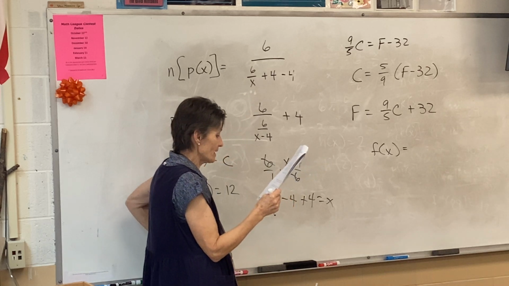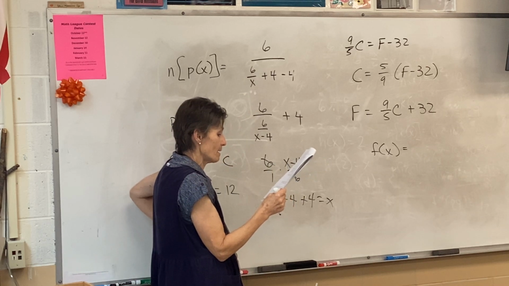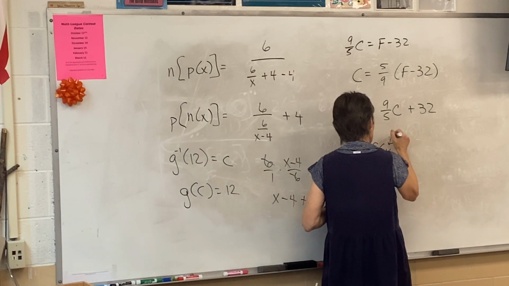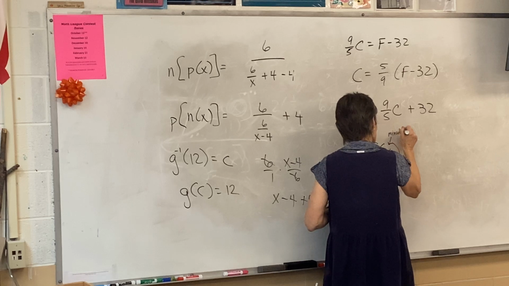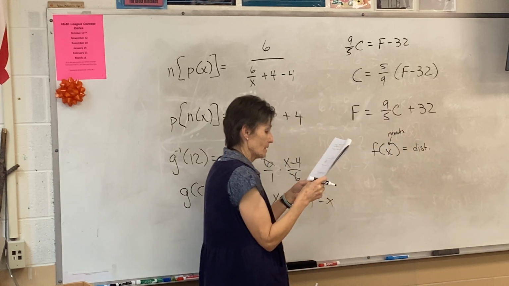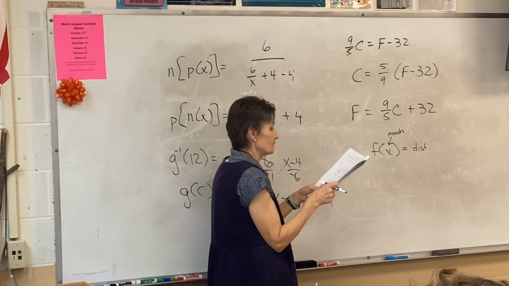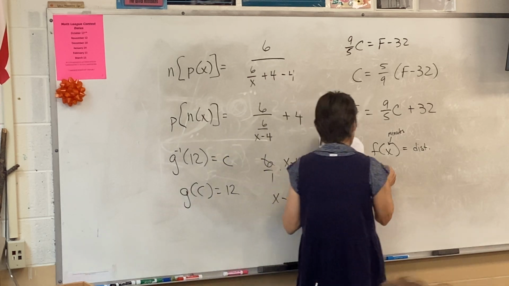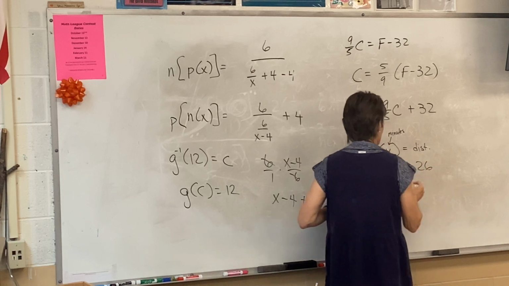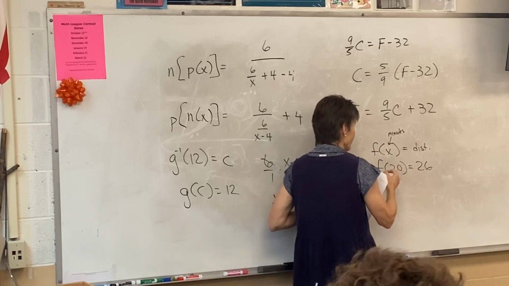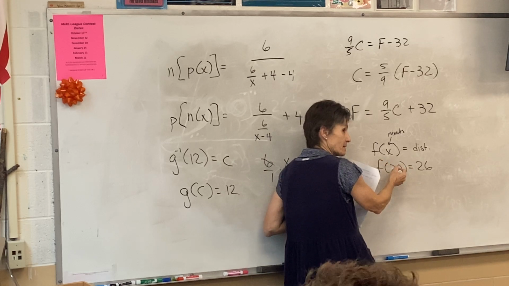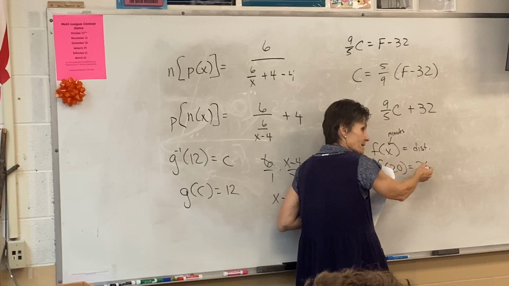Okay, so f of x is the distance in miles that an ambulance can travel within x minutes. So this is minutes, and this is distance. What would the ordered pair f of 20 equals 26 mean? F of 20, this is regular f. In 20 minutes, we can go 26 miles.